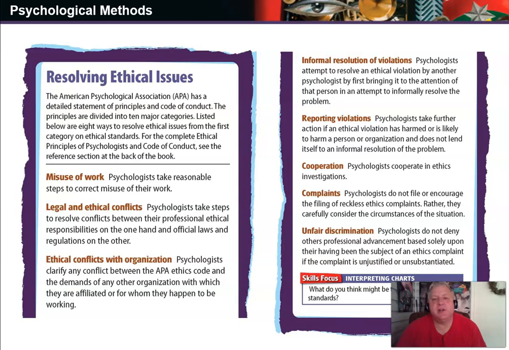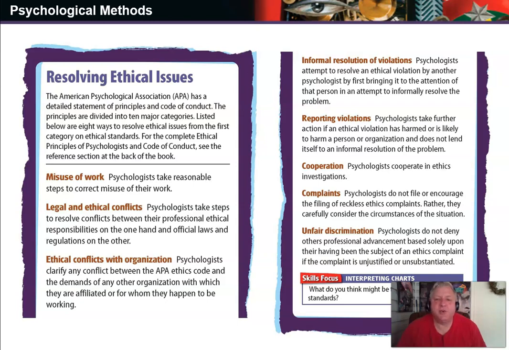Psychologists attempt to resolve an ethical violation by another psychologist by first bringing it to the attention of that person in an attempt to informally resolve the problem. Reporting violations. Psychologists take further action if an ethical violation has harmed or is likely to harm a person or organization and does not lend itself to an informal resolution of the problem.